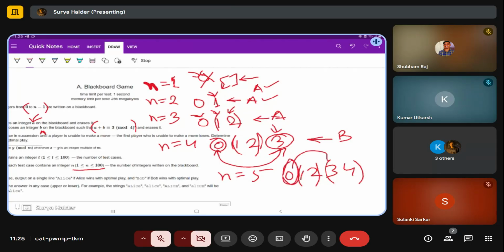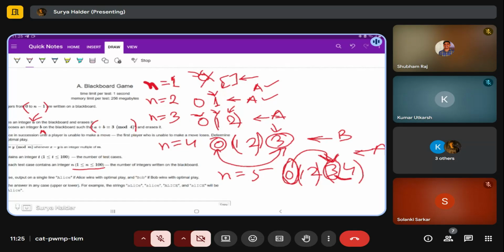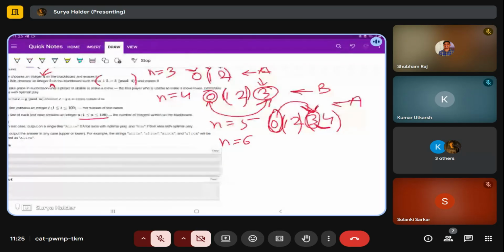This 0 could have been paired with 3, but 3 needs to be paired with 4 also. That is the problem: 3 cannot pair with two numbers, it has to pair with only one. That is why in this case Alice wins. Similarly, you can go for n equals 6, then n equals 7, and after that, for n equals 8, we will conclude.